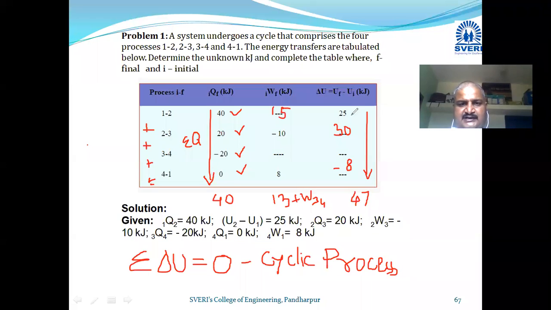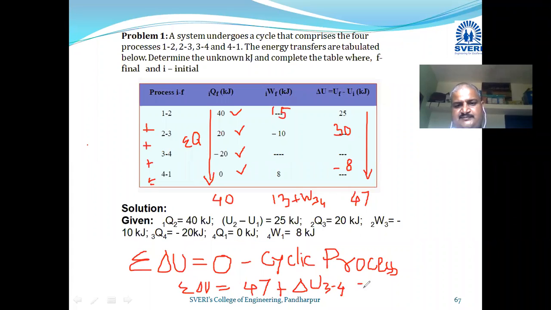It means delta U1 to 2 plus delta U2 to 3 plus delta U3 to 4 plus delta U4 to 1 must be equal to 0. So here we can write the summation of delta U is equal to 47 plus delta U at 3 to 4, and it must be equal to 0.